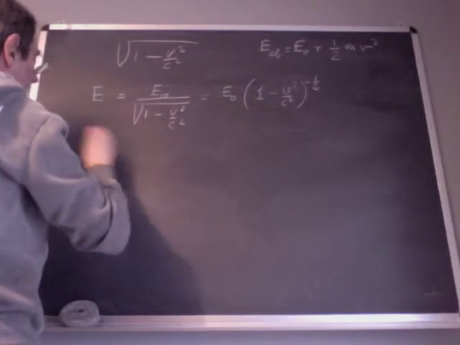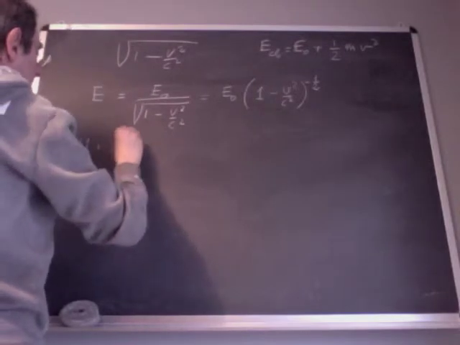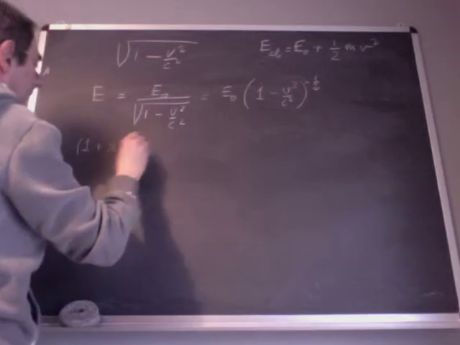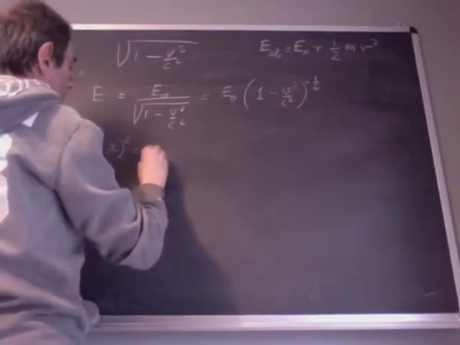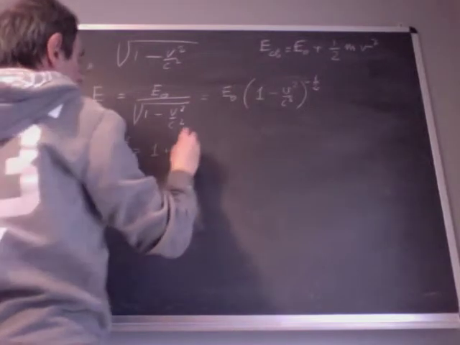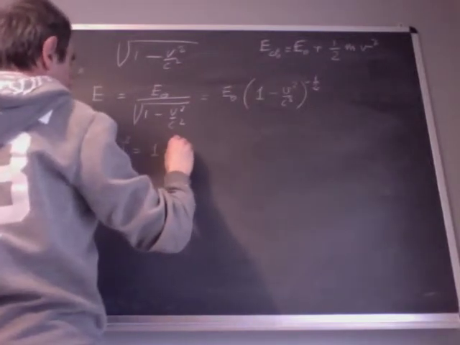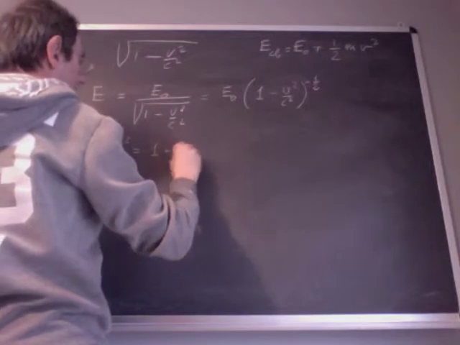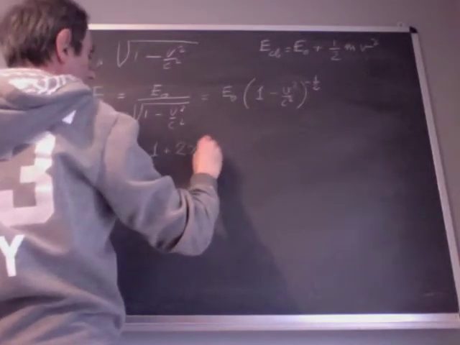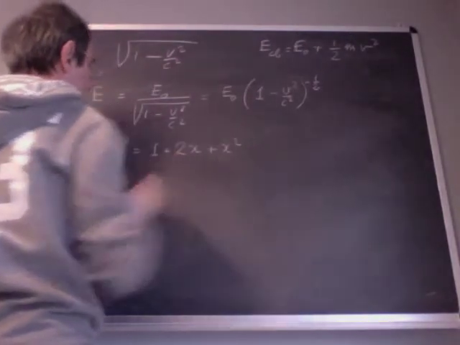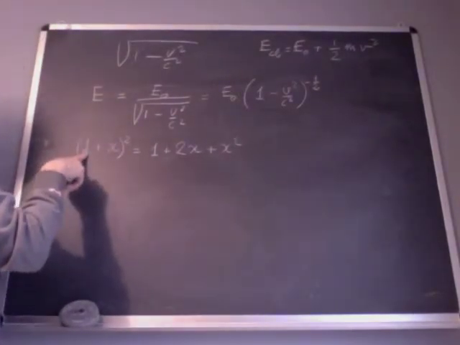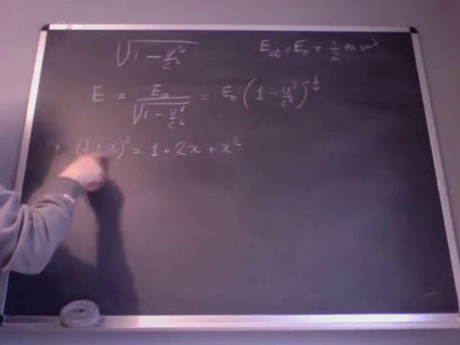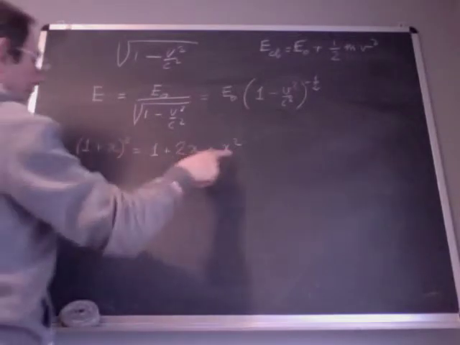Suppose that you have (1 plus x) to the second power. You know that this is equal to 1 plus 2x plus x squared. You remember it is the square of the first plus the double product plus the square of the second.